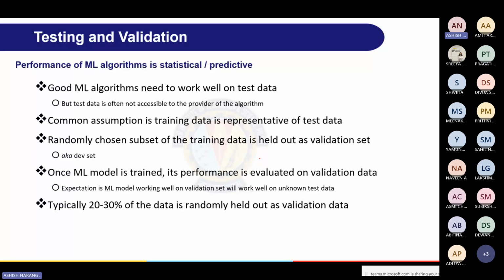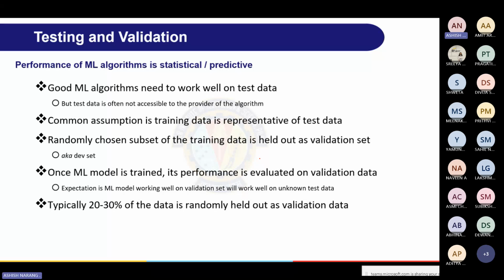So what you typically do is use something called a validation set, right? A randomly selected subset of the training data is the validation data. It's around 20 to 30% of the data we reserve for a particular purpose. So there's one training set and one validation set. The training set is used to train the model. The validation set is used to evaluate the model during development.